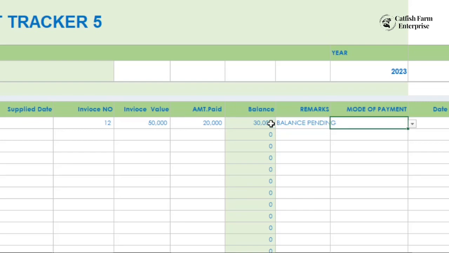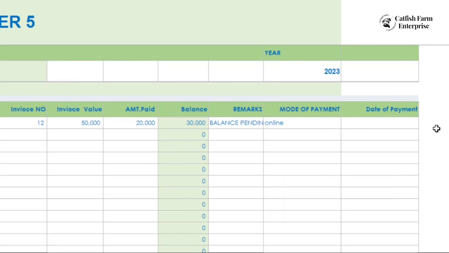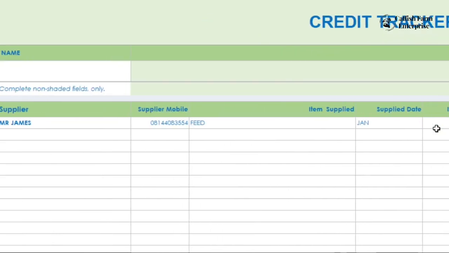Then mode of payment, how did you make the payment? You can say, okay, it's online. Then date of payment, maybe once you complete a payment, you can also include the date of payment. So that's for the credit tracker, for those who maybe have credit facilities and you want to be efficient in keeping to that.